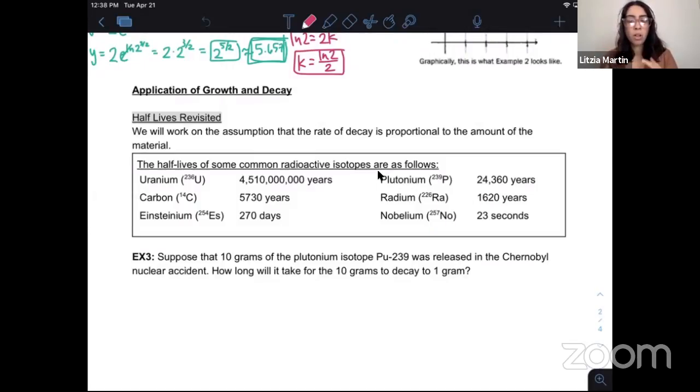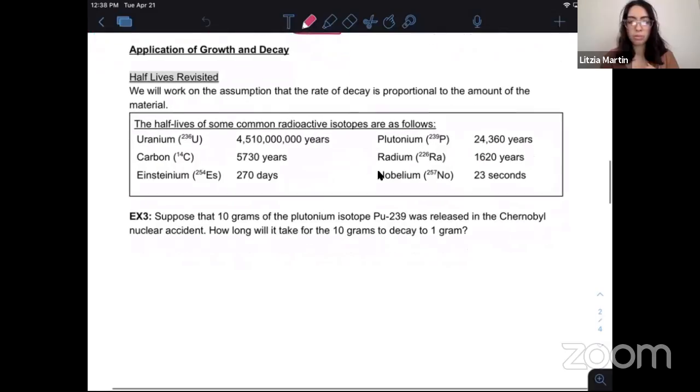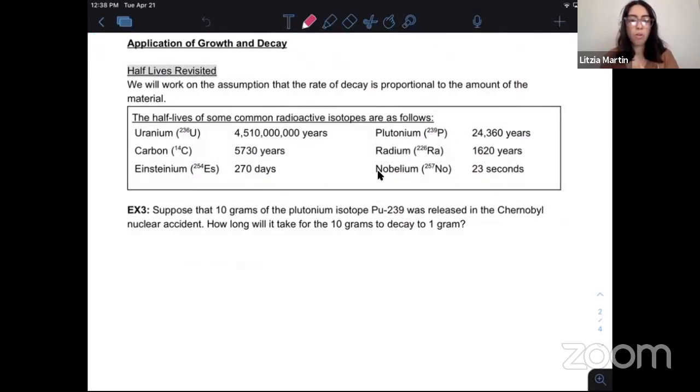Hopefully we can recall a little bit about half-life from chemistry, but if not, we'll do a quick overview here. It says the half-life of some common radioactive isotopes are as follows.